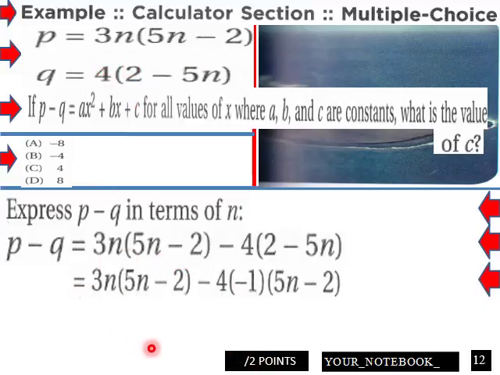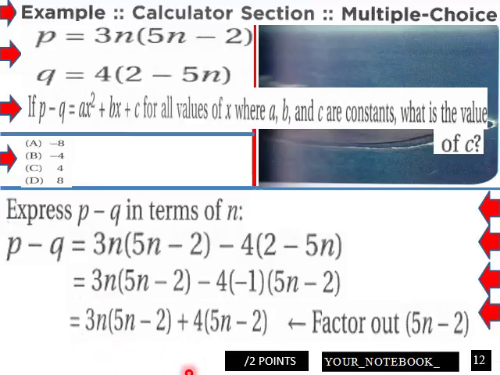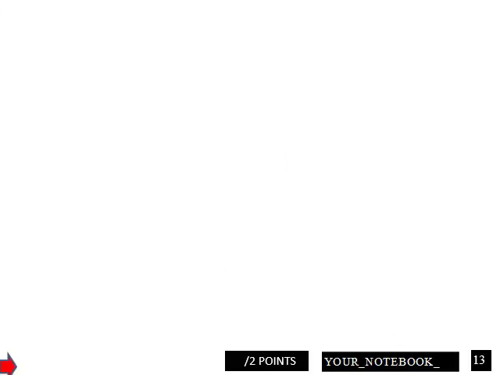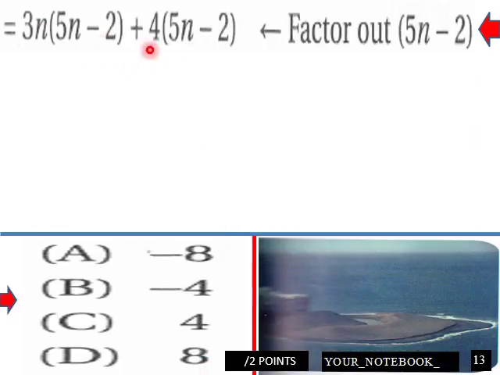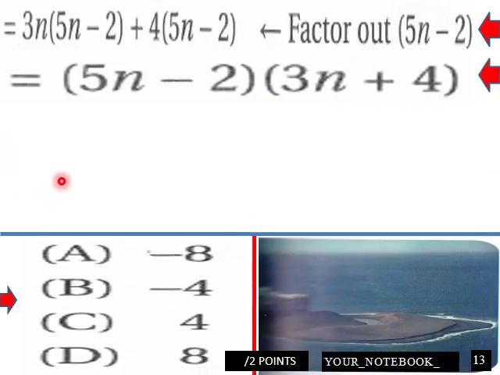And then we multiply through here. Factor out 5n minus 2. Here's a common factor here. So we factor out 5n minus 2, and we have 5n minus 2 times 3n plus 4.